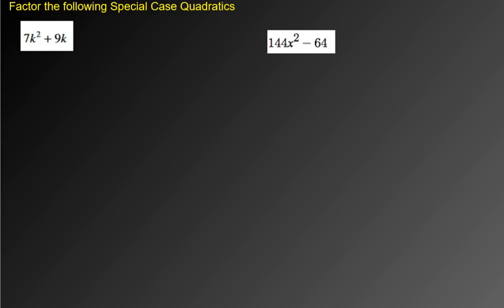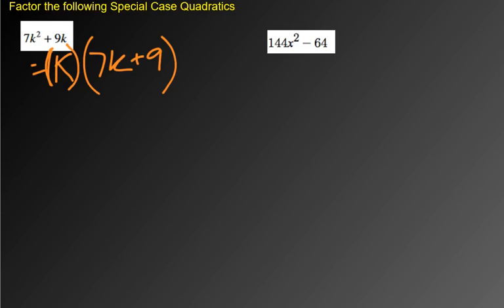is, all we're doing when we factor is we take out some common terms, right? And the common term is you can just take out a k. So you can do k times 7k plus 9. And that's literally taking the quadratic and splitting it up into two parts.